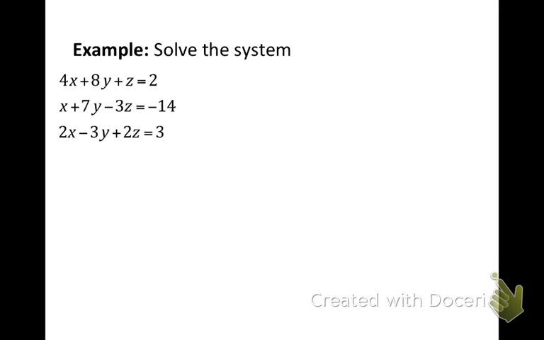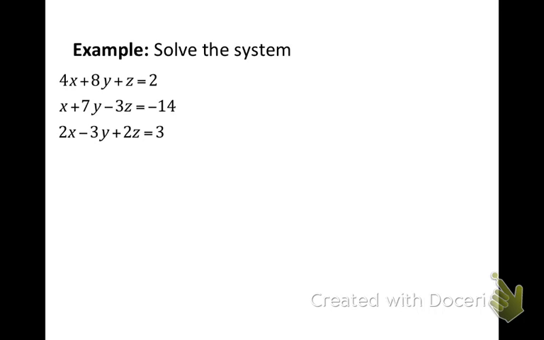And 2x minus 3y plus 2z equals 3. All right, what do we want to get rid of first? There's no right or wrong answer.